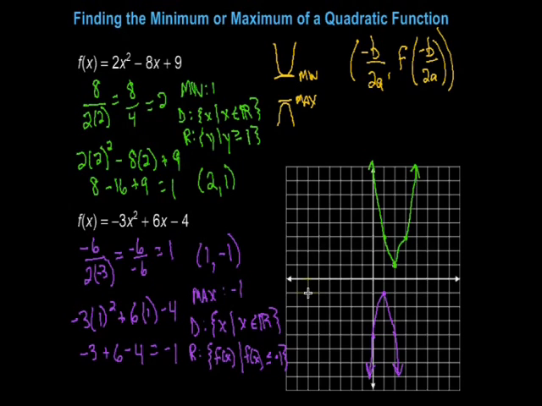The domain is simply all real numbers for quadratic functions. There's no limits in terms of what we can put into the function. However, there will be a limit on what comes out, and we can find that by looking at that y value at the vertex, and then it's either going to be greater than or equal to that, or less than or equal to that, depending on if we're dealing with a parabola that's opening up or opening down.